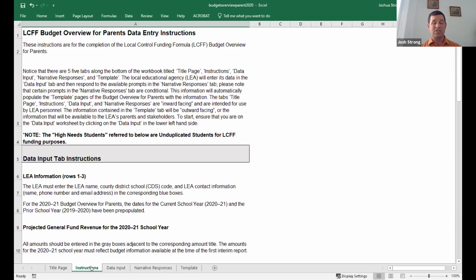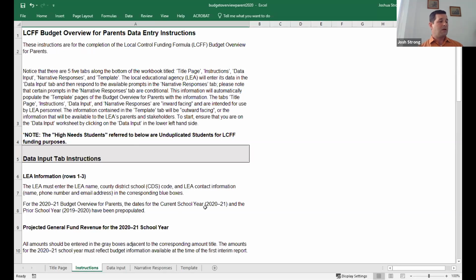The second tab is the instruction tab. And the instruction tab is something that we would highly recommend that everybody spend a little time reading before you go in and fill things out, because it provides some very helpful information for you. These are the same instructions that are also posted on the PDF document on the CDE's LCAP webpage.